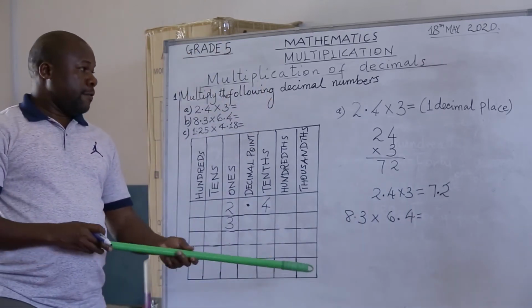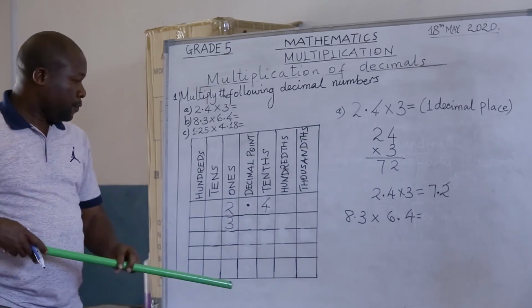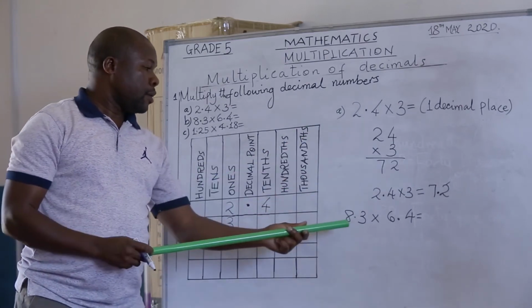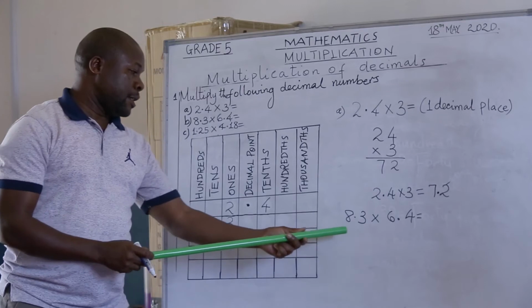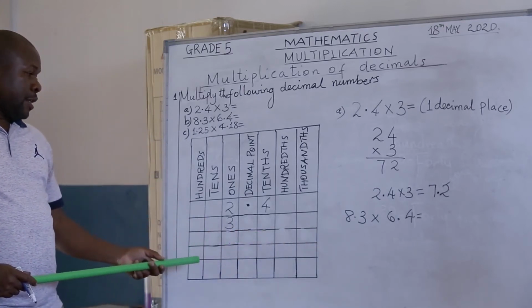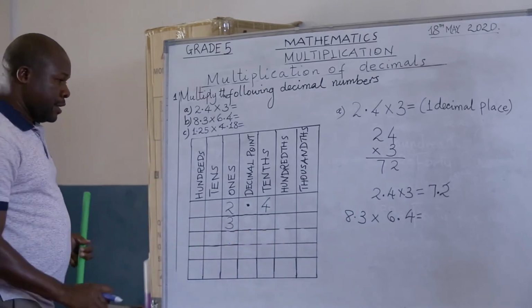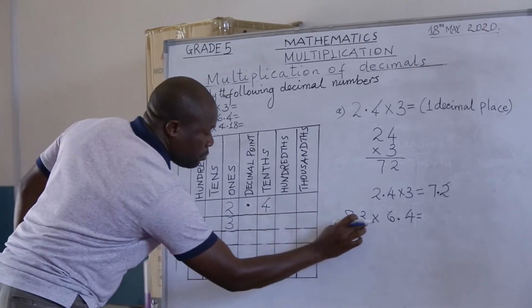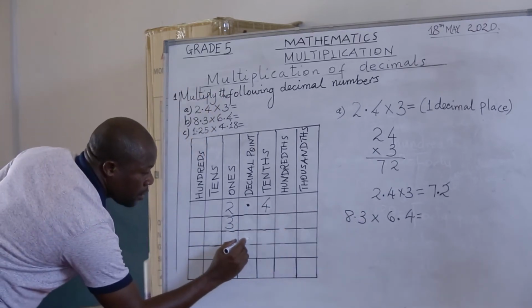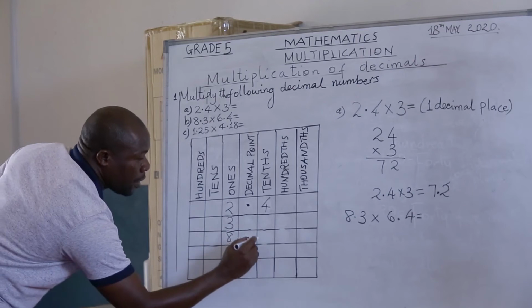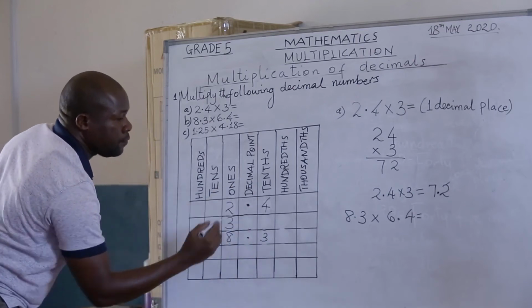As we did in our first example, let us take these numbers and insert them in the place value chart. The first number, let's take 8.3. 8 will belong to the ones, while 3 will belong to the tenths.